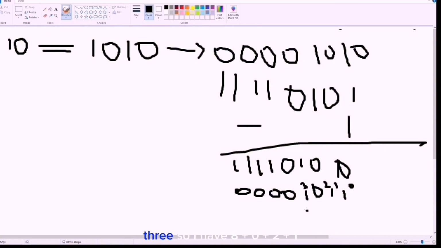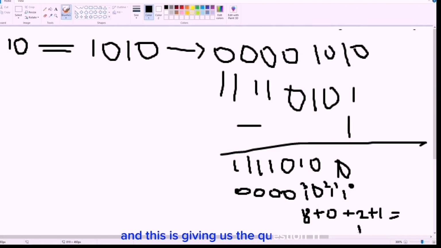So I have 8 plus 0 plus 2 plus 1, and this equals 11. Now, because we're looking at NOT, it also inverts the positive sign to negative. That's how we arrive at minus 11.